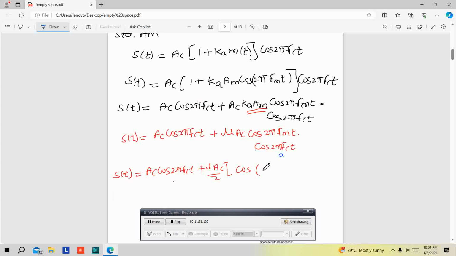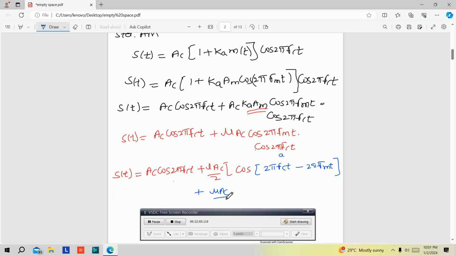So cos(2π fc t minus 2π fm t) is the A minus B term: 1/2 cos(A minus B) plus 1/2 cos(A plus B).